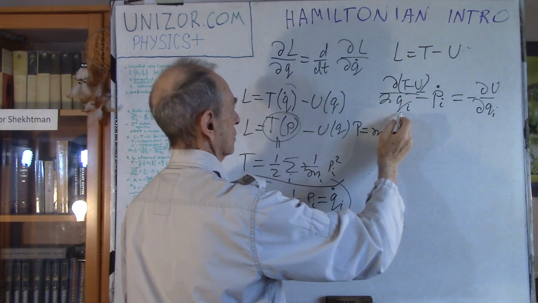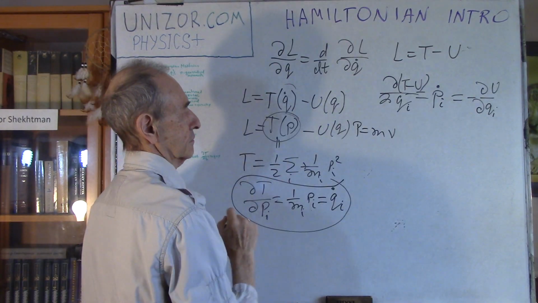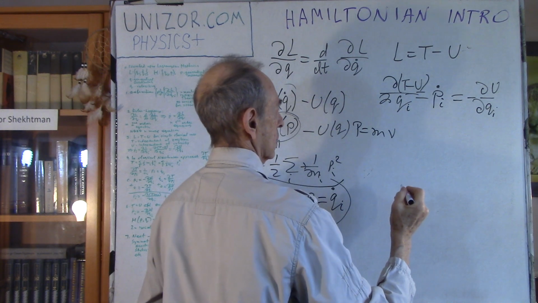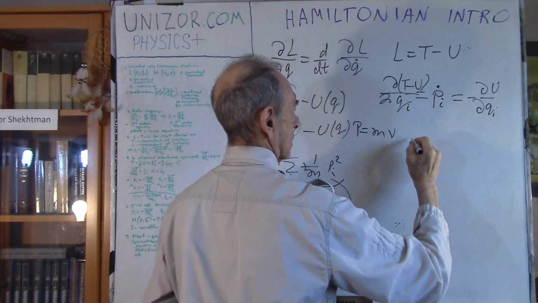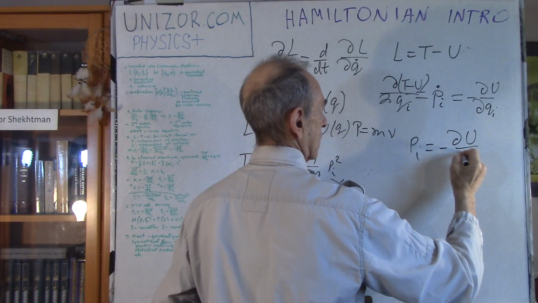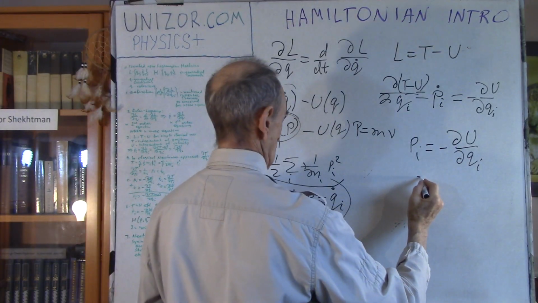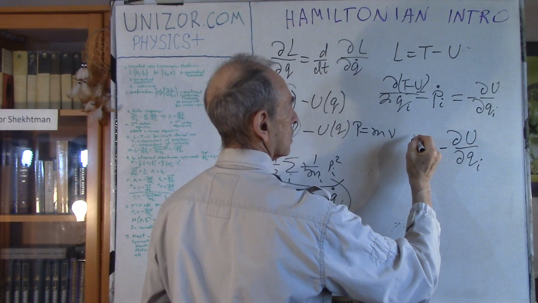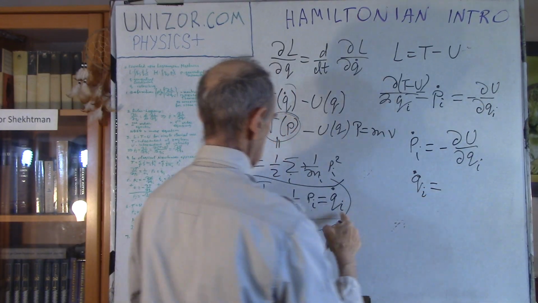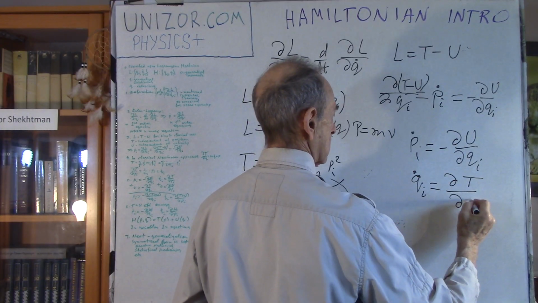T is independent of q_i. It depends on the velocity. So we have two interesting equations. One is this one: p_i dot is equal to minus dU by dq_i. And another is this one: q_i dot is equal to dT by dp_i.